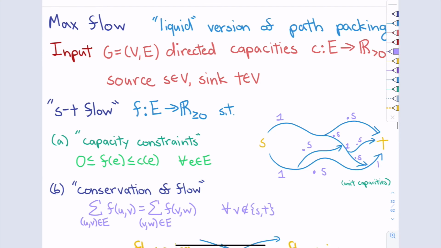Your input is still a directed graph with capacities and a source and a sink. But what I'm going to be thinking about is each edge as a pipe with width equal to that capacity. And I want to send as much water from S to T as possible through those pipes.